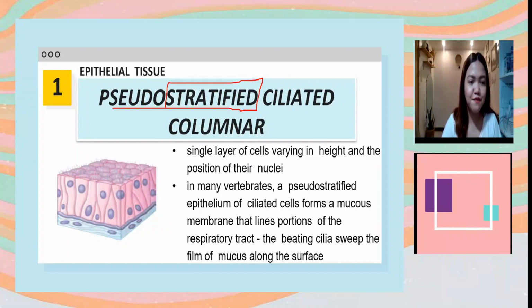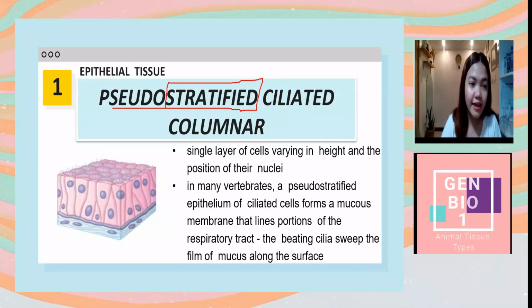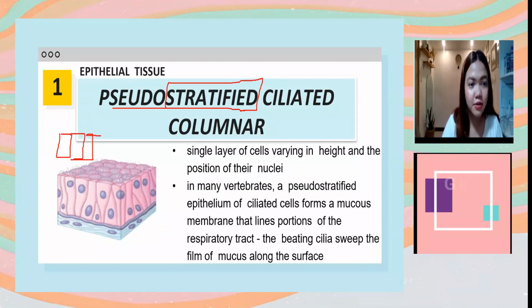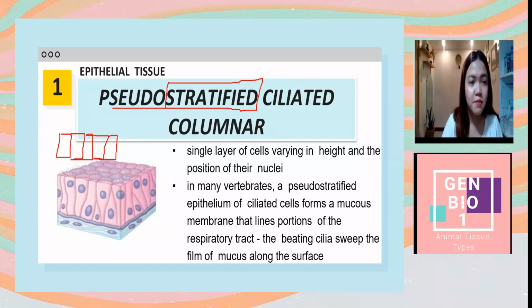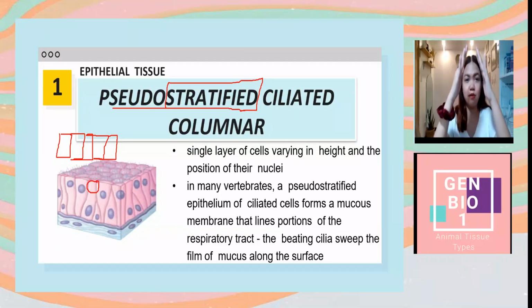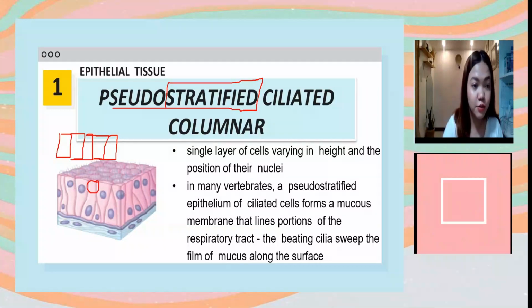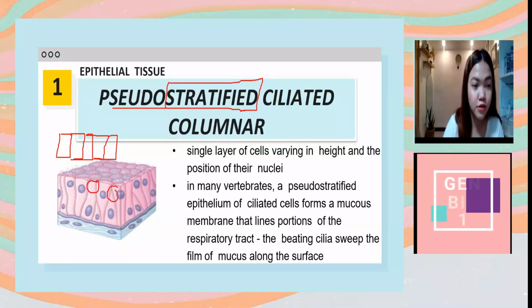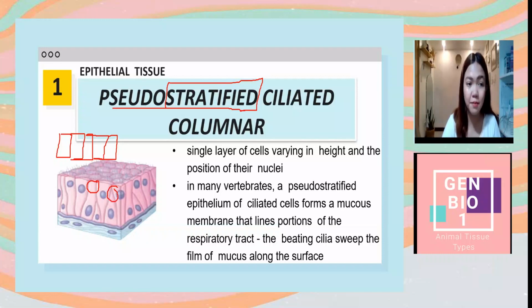So, they have varying height, varying sizes. Like, diba, if we say columnar, they should look like this lang, diba? Katulad ng examples natin kanina. But this pseudostratified ciliated columnar, some of itself looks like that. So, parang manipis or parang narrow, and then it's full wide enough dito sa may bottom part, or vice versa. So, ganun yung nangyari. Like, ito, tapered yung sa upper niya, and then dito naman, wide naman.